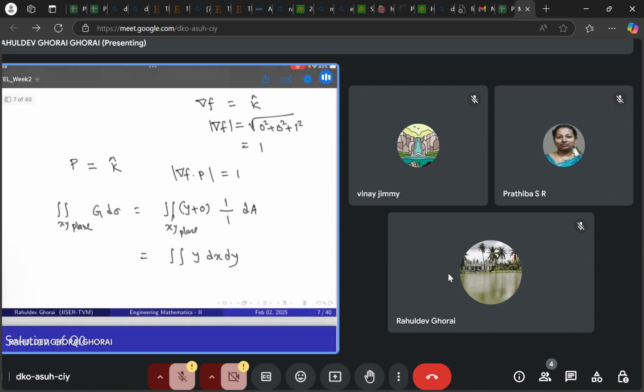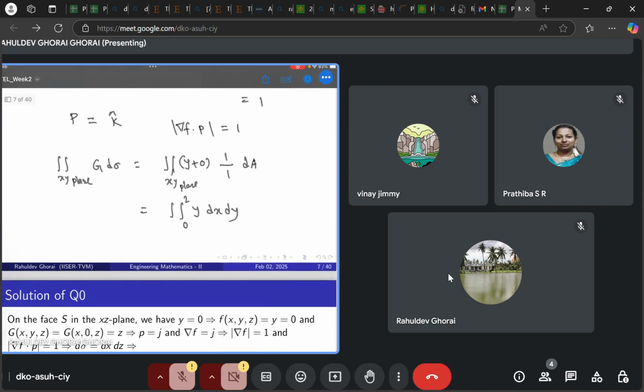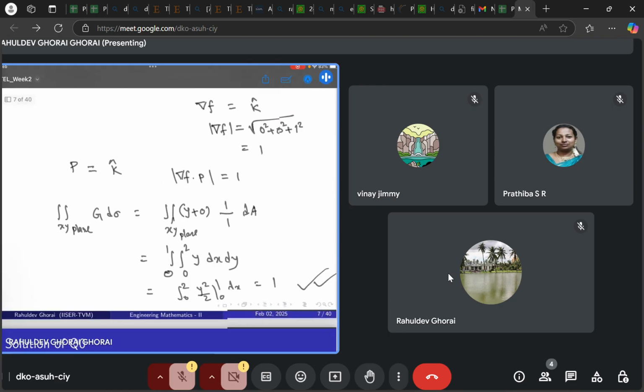So x equal to 0 to 2, and y can be maximum 1, so y equal to 0 to 1. So integral 0 to 2 of y square by 2 from 0 to 1 times dx, so it will be 1, right? So this is on the xy plane.